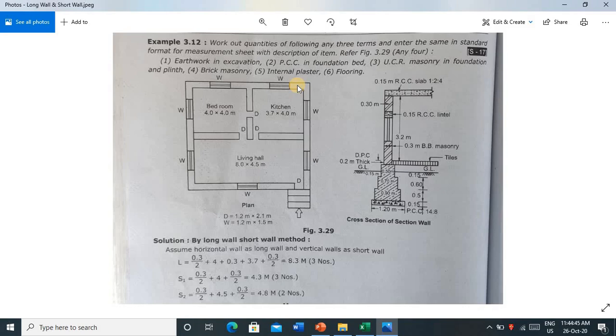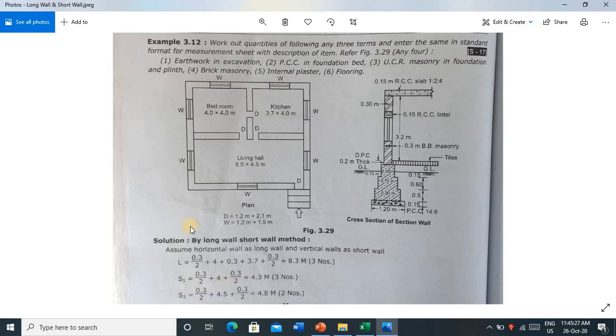For solving the question by the long wall and short wall method, you need to first calculate the length of long wall and short wall. You can assume these horizontal walls as long walls, because the length of these walls 1, 2 and 3 is the same.